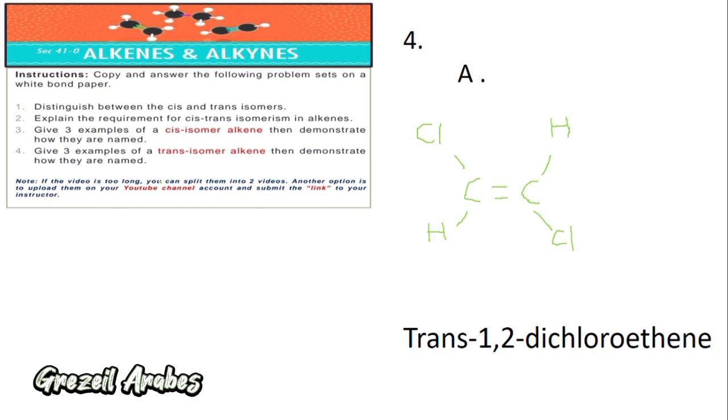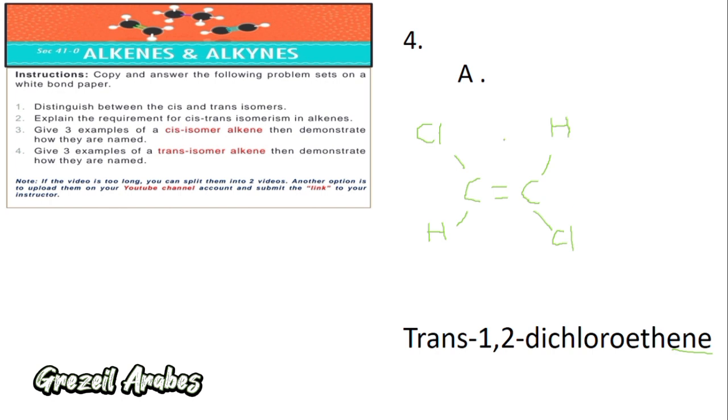So our first example is called trans-1,2-dichloroethene. So it is ENE because it is alkene. It is ethane, and then we change it to ethene because the given is alkene. So we change the suffix.